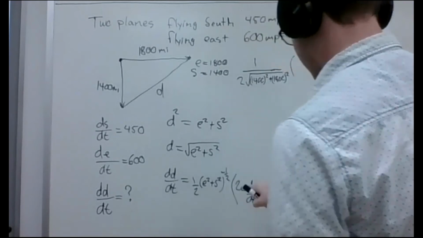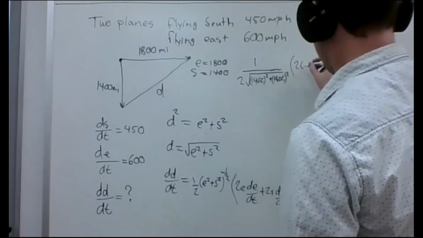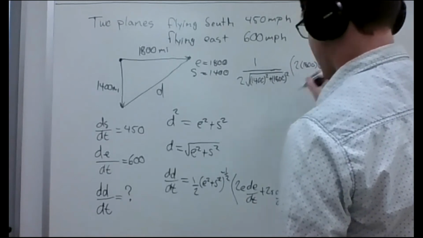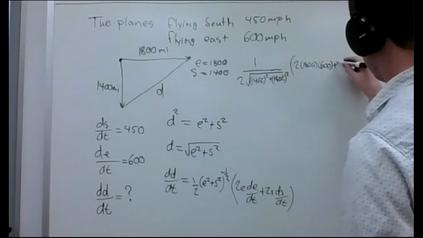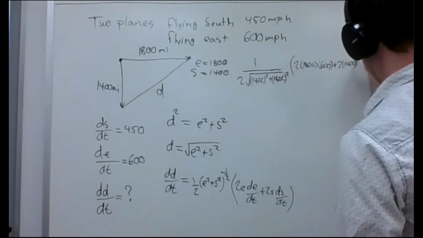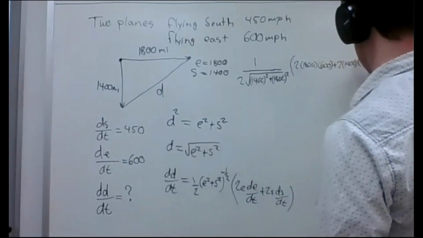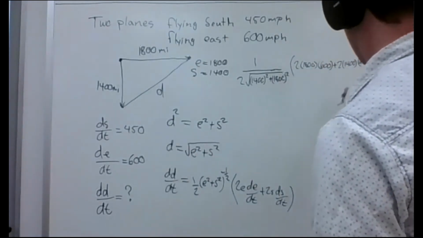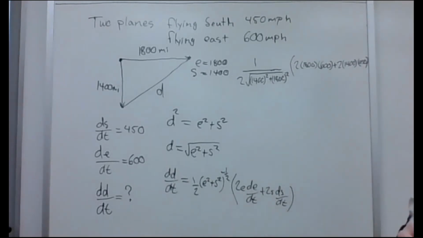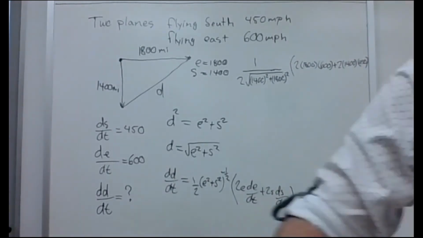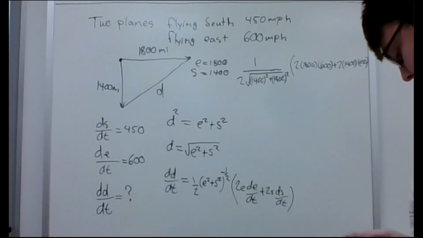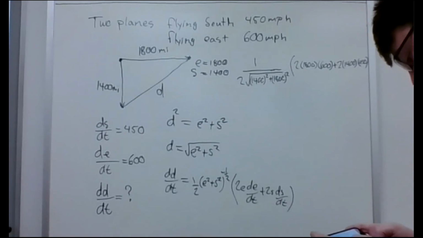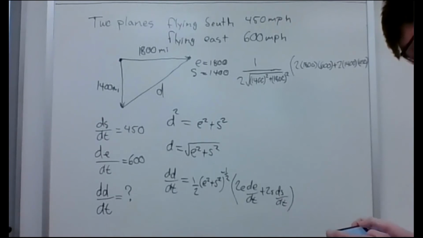And we're going to times that by 2 times 1800 times our rate, 600, plus 2 times 1400 times 450. And get a calculator. So I got about 822, I think.